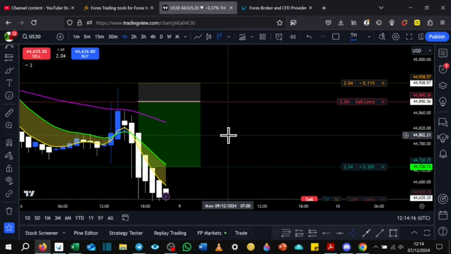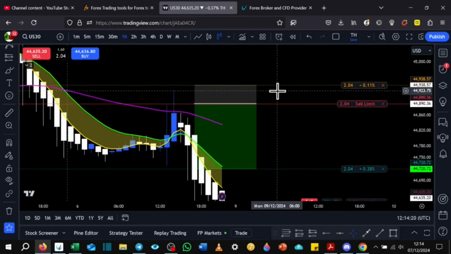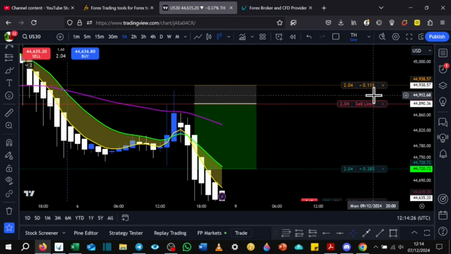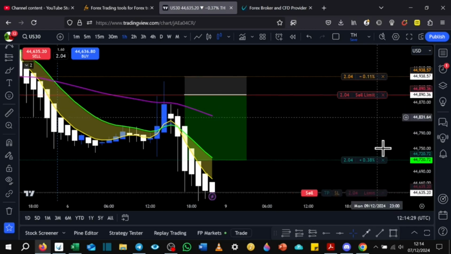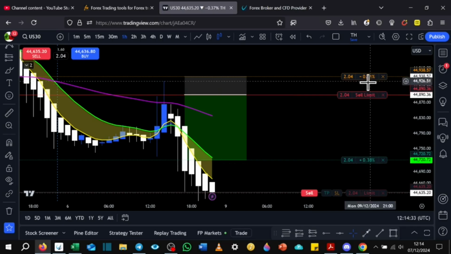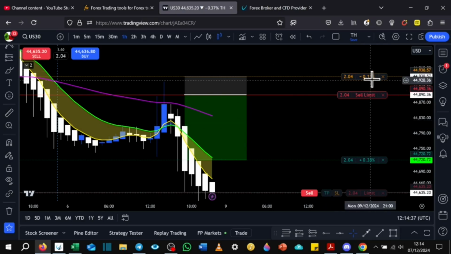It is still 1% that we're risking on this trade, but TradingView calculates a different formula. It calculates three different things to get to this 0.11% for some reason, and it does the same thing for the take profit. So we should be given the option to change that, but at the moment it doesn't do that.